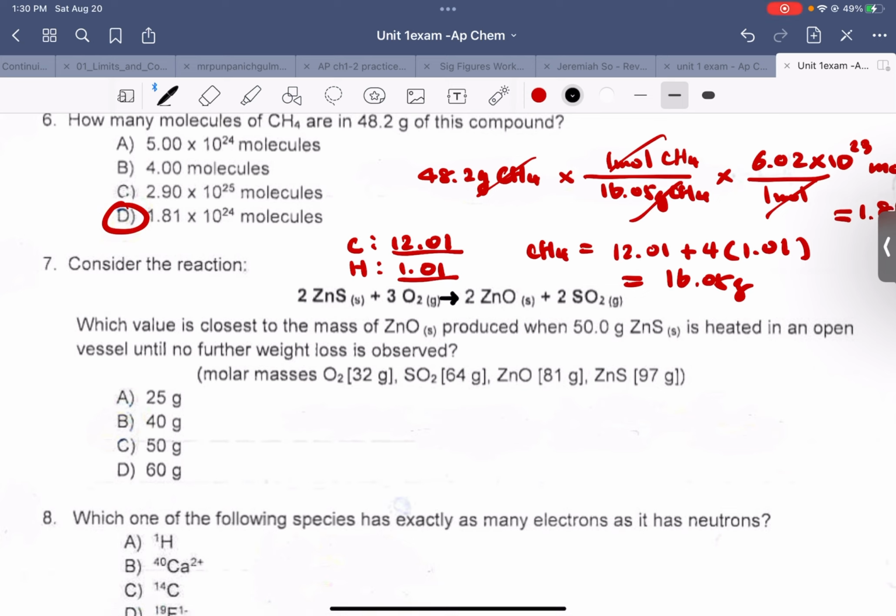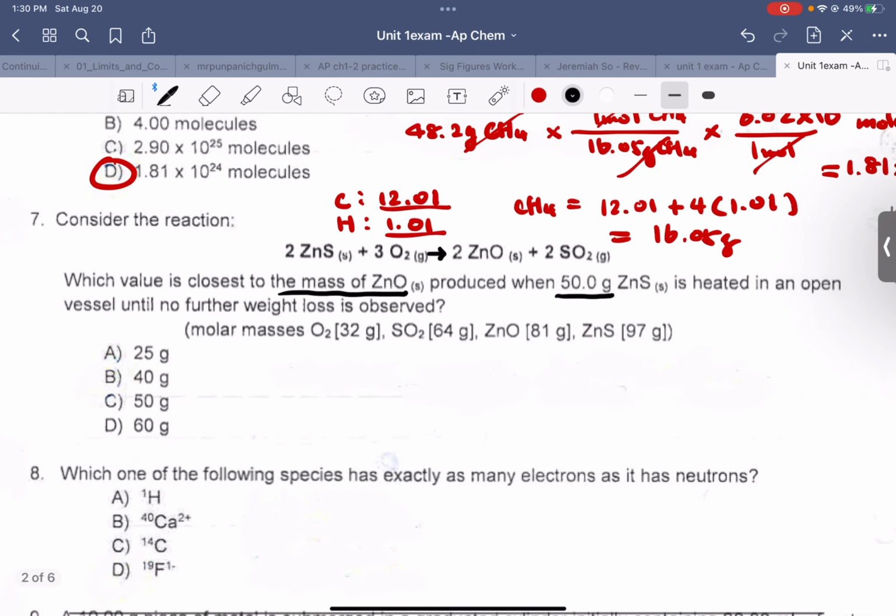Which value is closest to the mass of this one when 50.0 gram of zinc sulfide is heated in an open vessel until no further weight loss is observed? So for this one, I'm also going to use dimensional analysis.